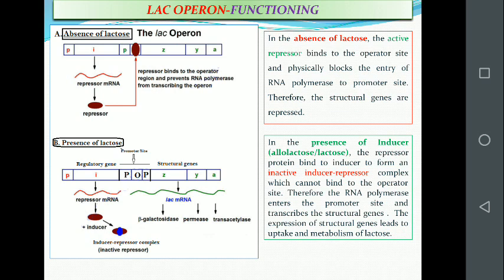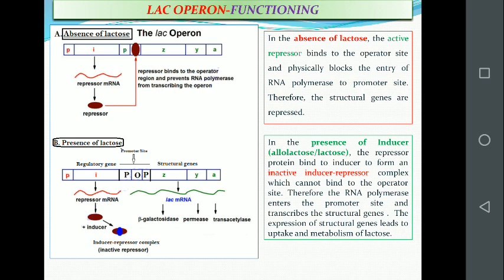Then the transacetylase is a detoxifying enzyme, which detoxifies unwanted materials that entered through the permeases along with the lactose. So this is the regulation of the lactose operon.